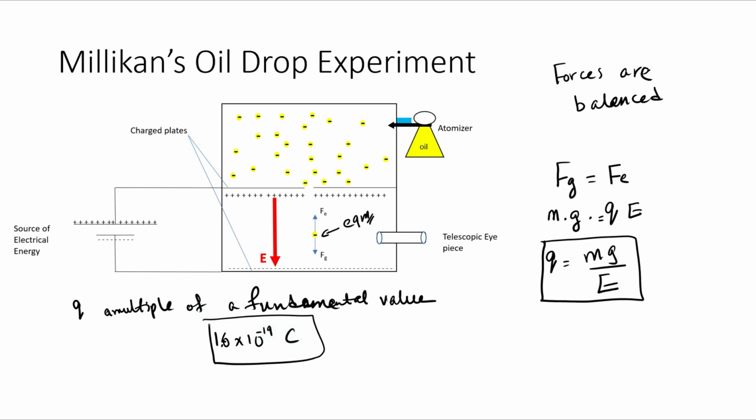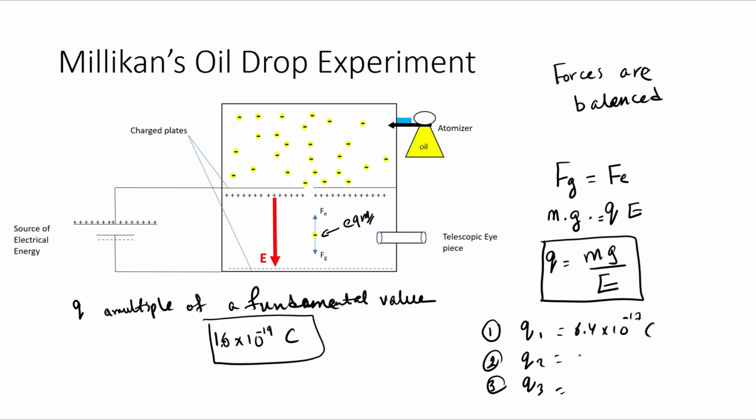So let's assume he did the experiment the first time and he found a value for Q. Let's call it Q1. The second time, another value for Q. The third time, a different value for Q. Let's take values. Let's assume this was 6.4 times 10 to the power of negative 17 coulombs.